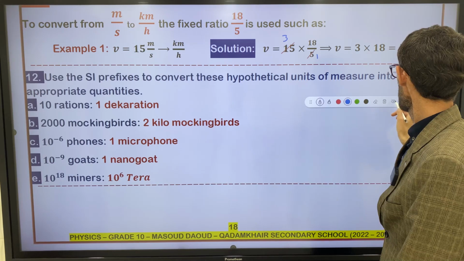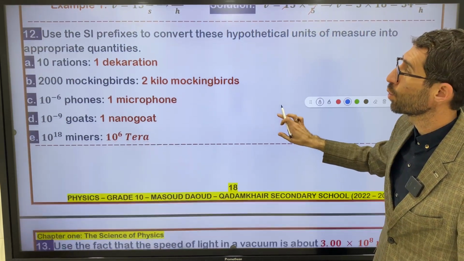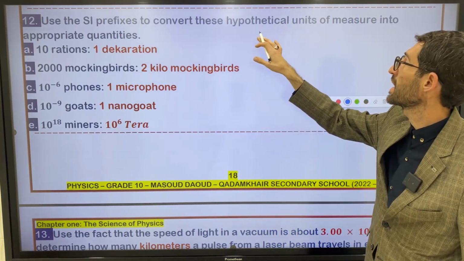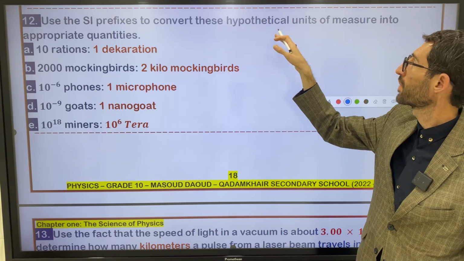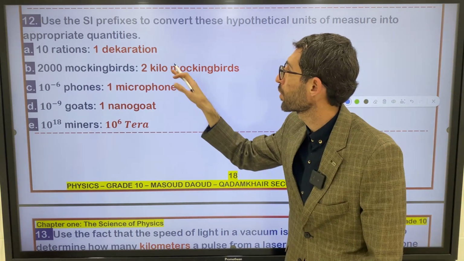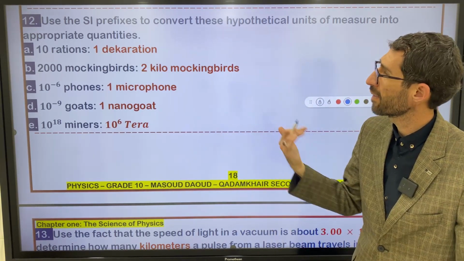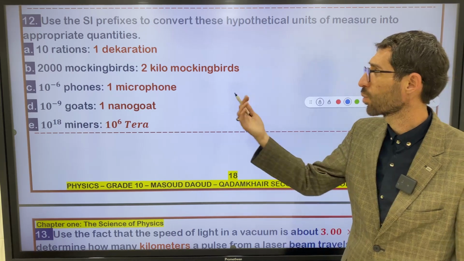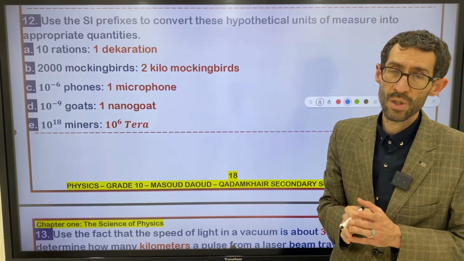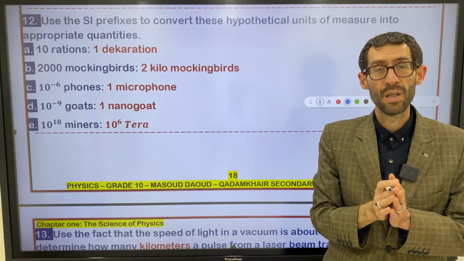Let's move on to another question. Question number 12. Use the SI prefixes to convert these hypothetical units of measure into the appropriate quantities. It says use the SI prefix. So we have an expression.